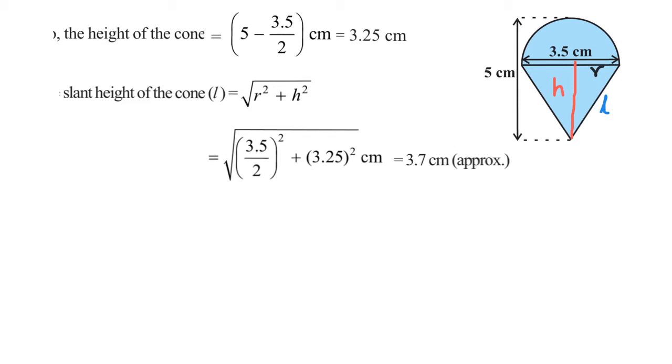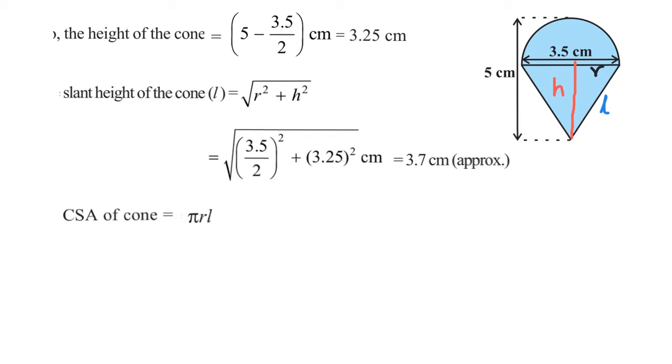We know the radius of the cone. We know what pi is. So can we find out the curved surface area of the cone now? What is the formula to find the curved surface area of the cone? It is pi r l.